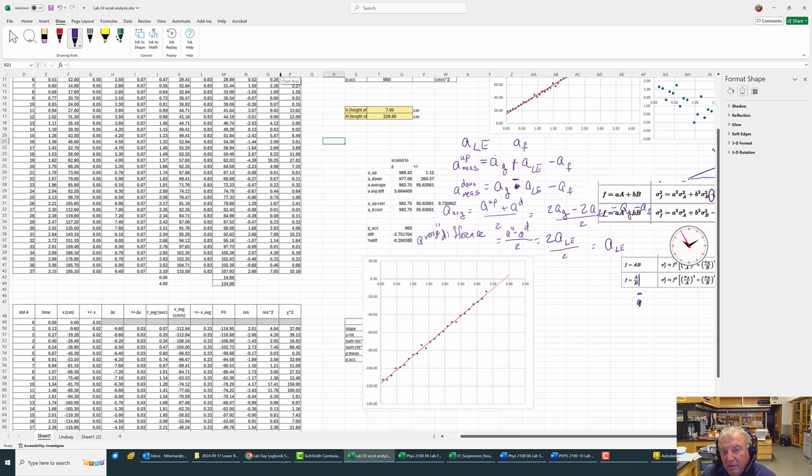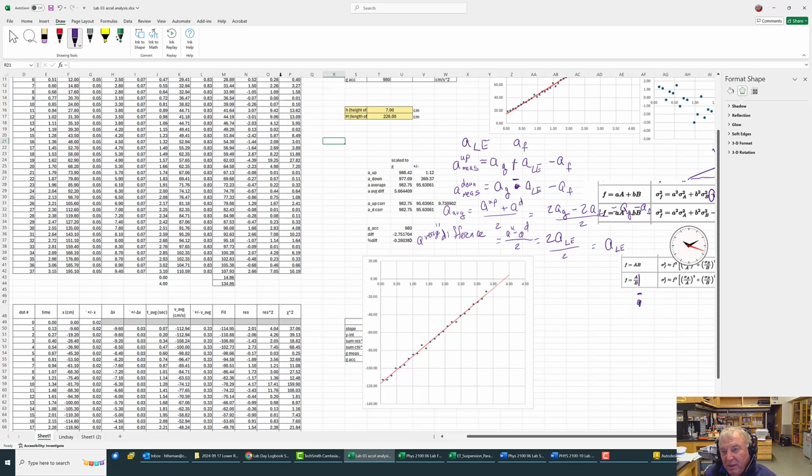So then when we measure A up, it's going to be larger than if we measure A down. And so that's why we're putting plus there, because it keeps the sign consistent.